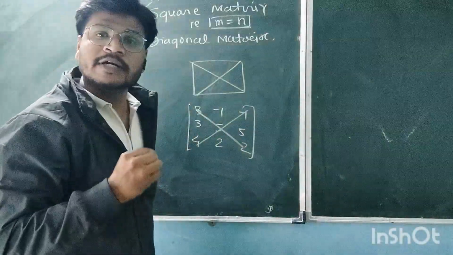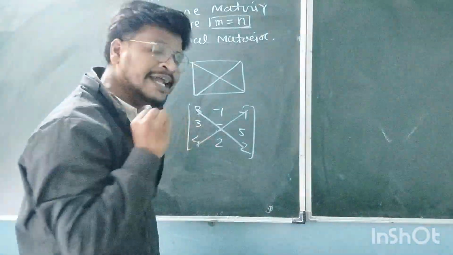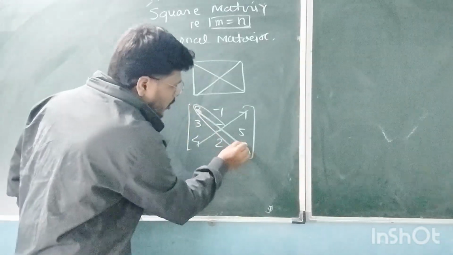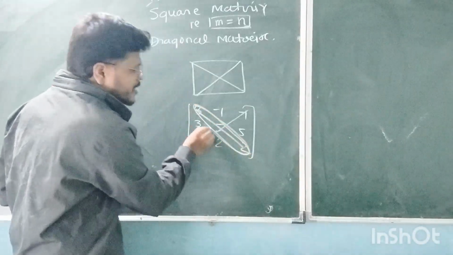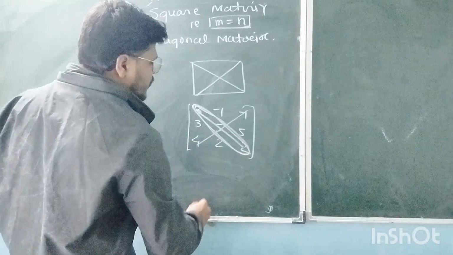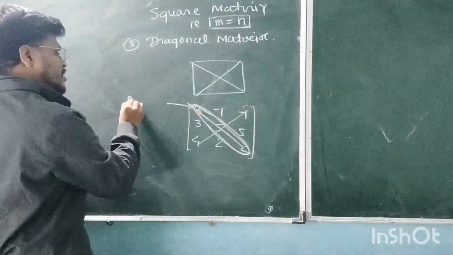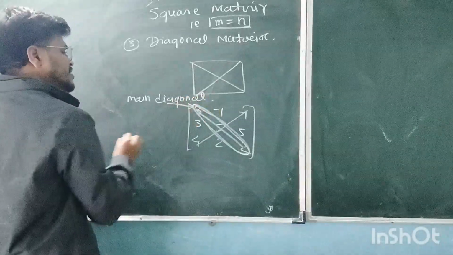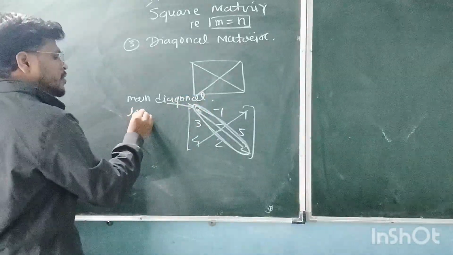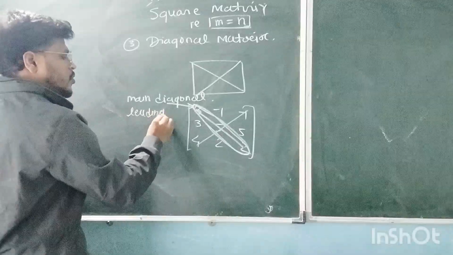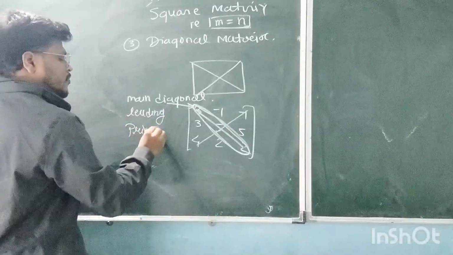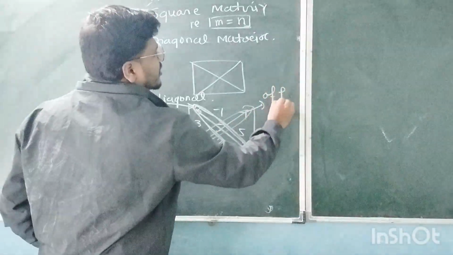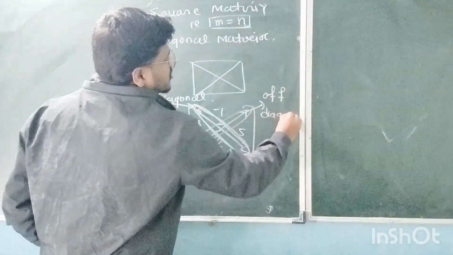If I am talking about the main diagonal, leading diagonal, or principal diagonal, I am only considering this diagonal. This diagonal is called the main diagonal. In some books, it is also called the leading diagonal or the principal diagonal. Then this other diagonal is called the off diagonal.